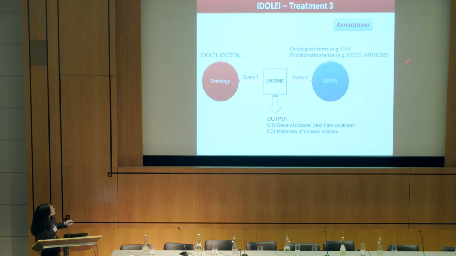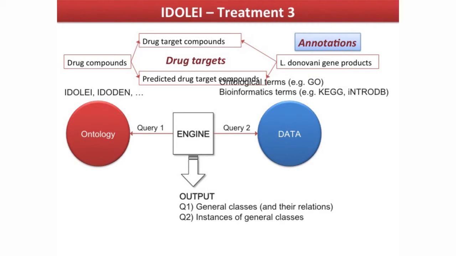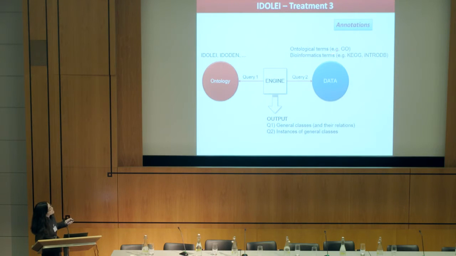So in this very, very simplified example, we can imagine that IDOLEI, IDODEN, and whatever other ontology, you had an idea of how many can be in the IDODEN slide, could be annotated with terms in GO, so gene products functions, cellular components, biological processes, whatever, with KEGG pathways, and also with any term in IntroDB, which we found a beautiful application with a lot of possibilities for structure-based drug design.